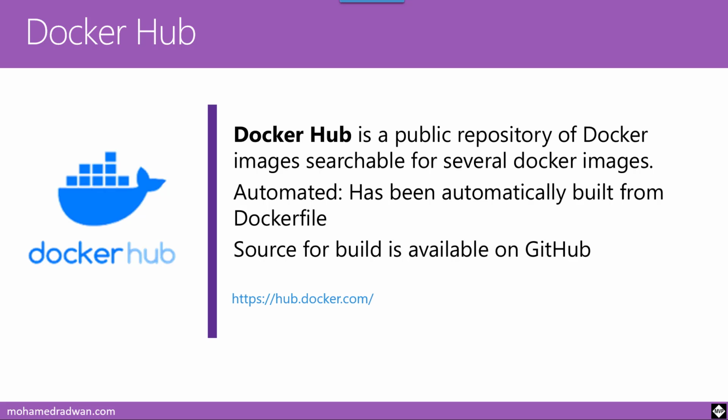Docker Hub is the public repository for Docker images, searchable for several Docker images, and automated, built automatically from Dockerfiles. All the images on Docker Hub are built from Dockerfiles which exist on GitHub, with the source available on GitHub.